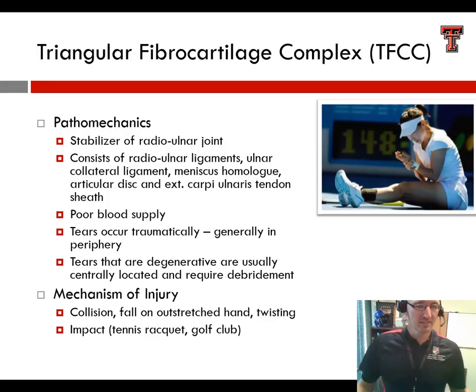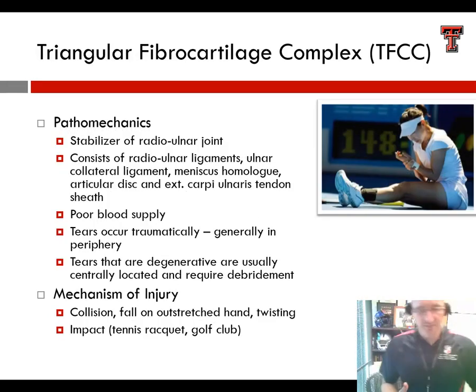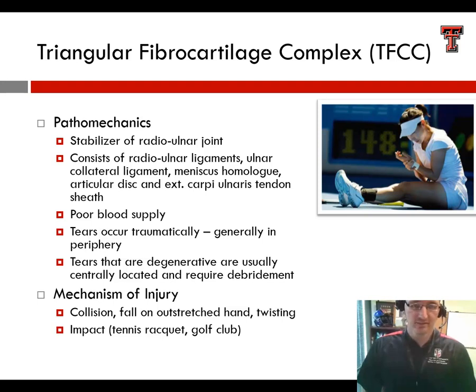Now, we said a lot of times TFCC can present much like a case involving a wrist sprain. So our TFCC is a stabilizer of the radial ulnar joint, and anytime I've got medially centered wrist pain, whether they can recall a mechanism of injury or not, I'm highly suspicious that there's TFCC involvement.